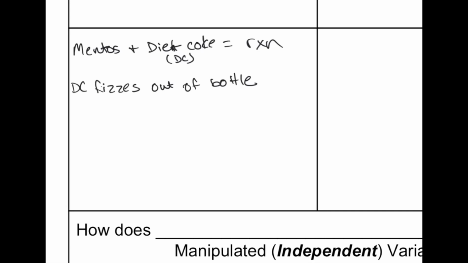Okay, so that's basically what we know at this point. All right, the materials that I used in this particular investigation, or that we used here, is a Mento and Diet Coke. Okay.